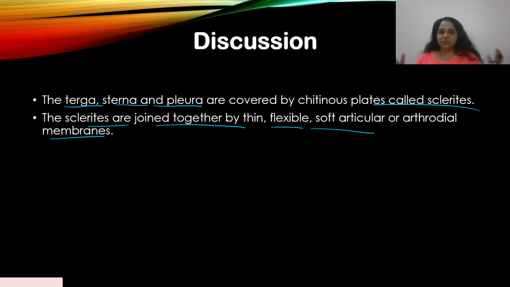The dorsal, the ventral, and the lateral side are all covered by sclerites, which are made of chitin. They are plate-like structures, and they are joined together by arthrodial membrane.